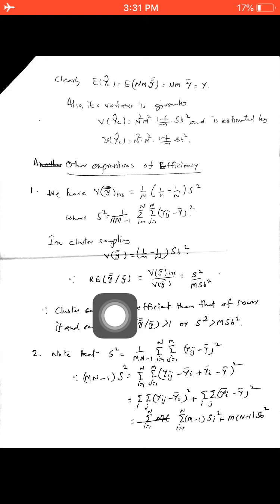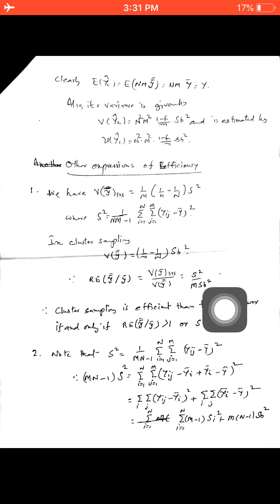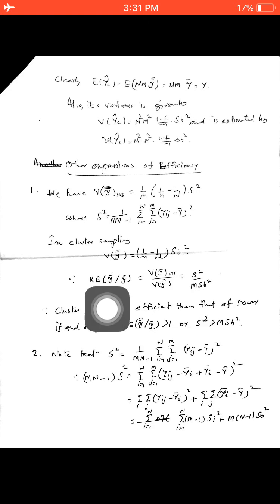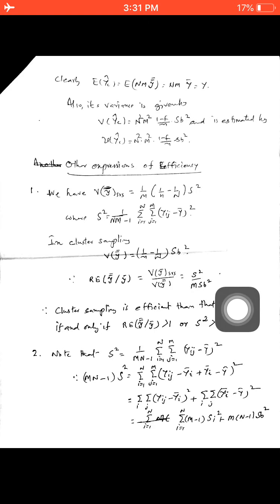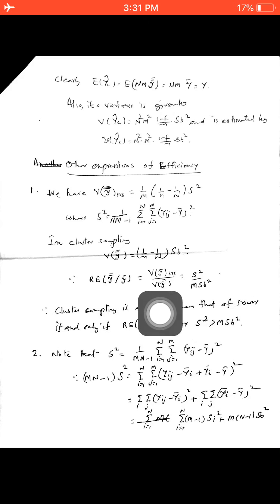So you can see that the relative efficiency increases as S_B square decreases. Capital S square is fixed for the entire population, and whenever the clusters are formed in such a way that the mean square between clusters is smaller, then the relative efficiency will be higher. So that is another conclusion regarding cluster sampling.